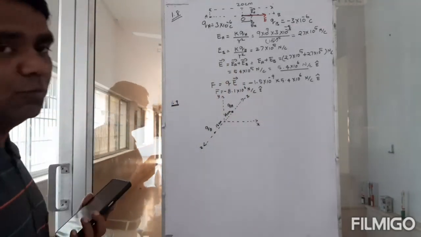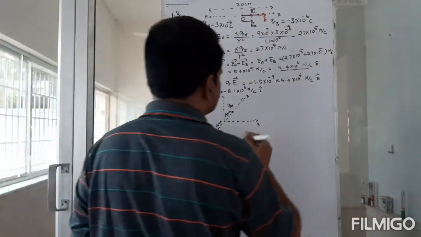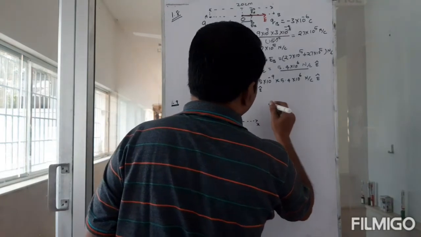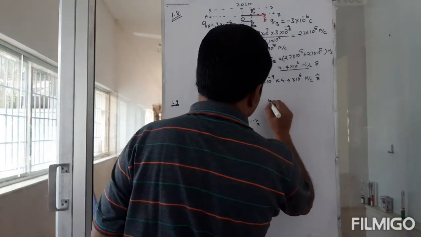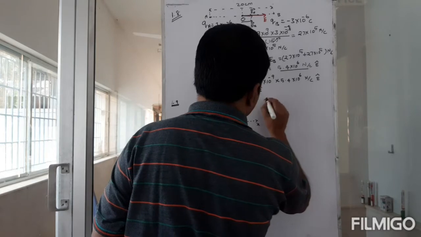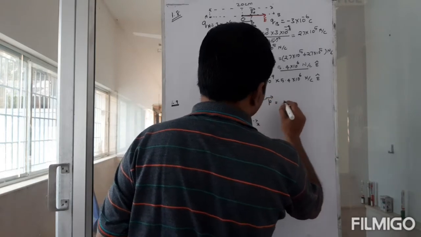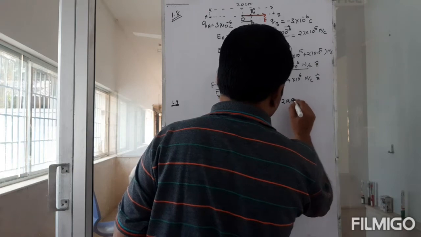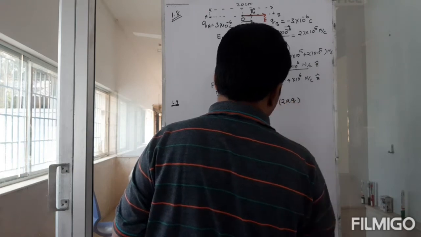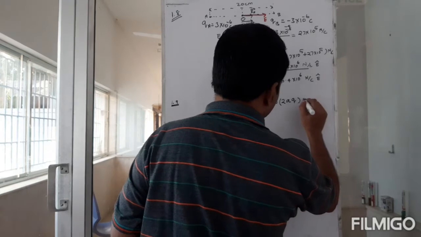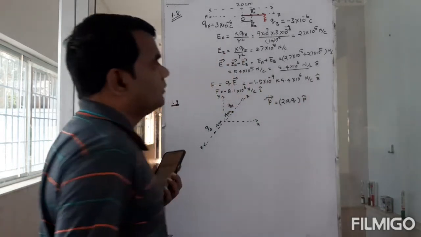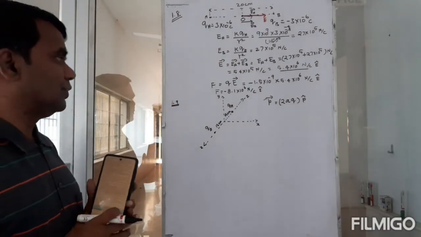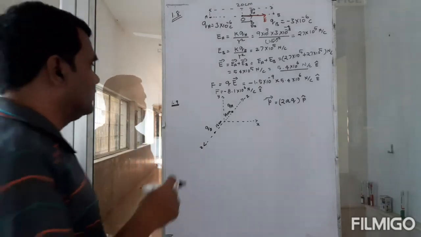Now, what's the dipole moment? The dipole moment P vector is equal to 2aQ in magnitude, and then in the direction of the dipole vector. Which is the positive charge?